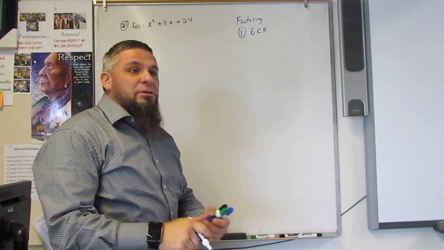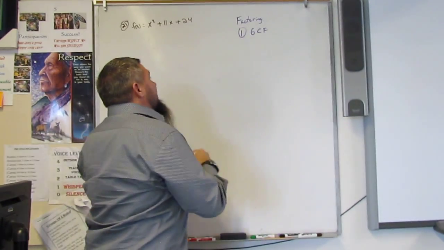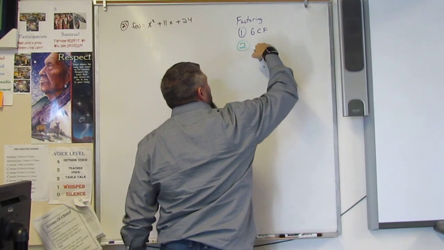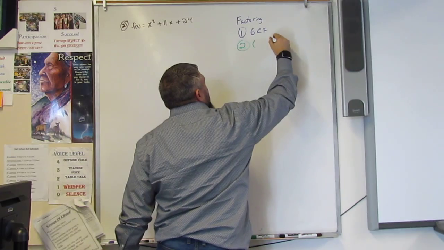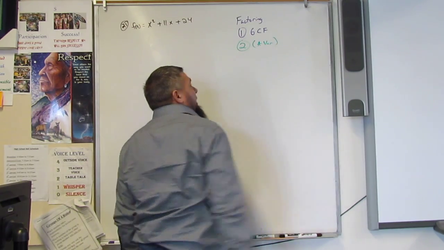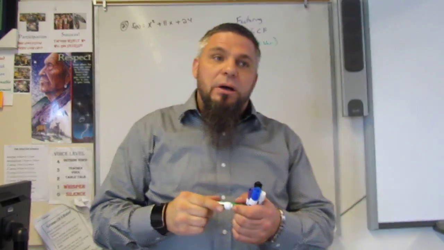Greatest common factor. Okay? Your second step is going to be parentheses. Star variable. Okay? And I'll explain that as we go along.